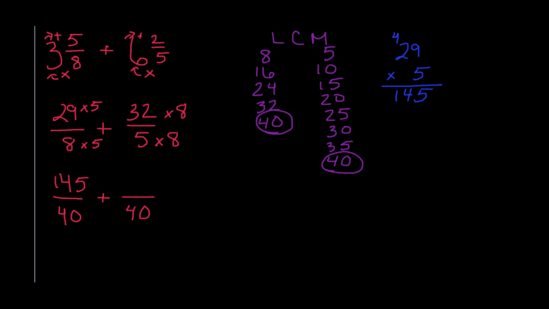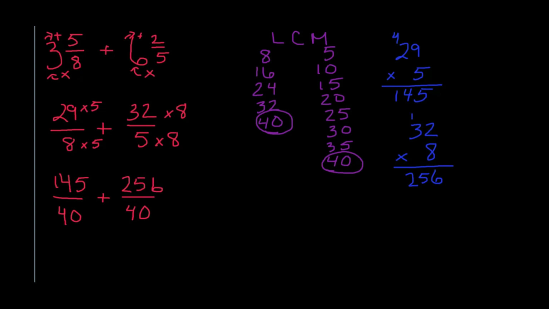Again, this might be a bigger number, but we're going to take 32 times 8 in a standard algorithm. 2 times 8 is 16. 6 goes down, the 1 gets carried up. 8 times 3 is 24, plus 1 is 25. So now we have 256. Let me switch this back to red. So we have 256 plus 145.